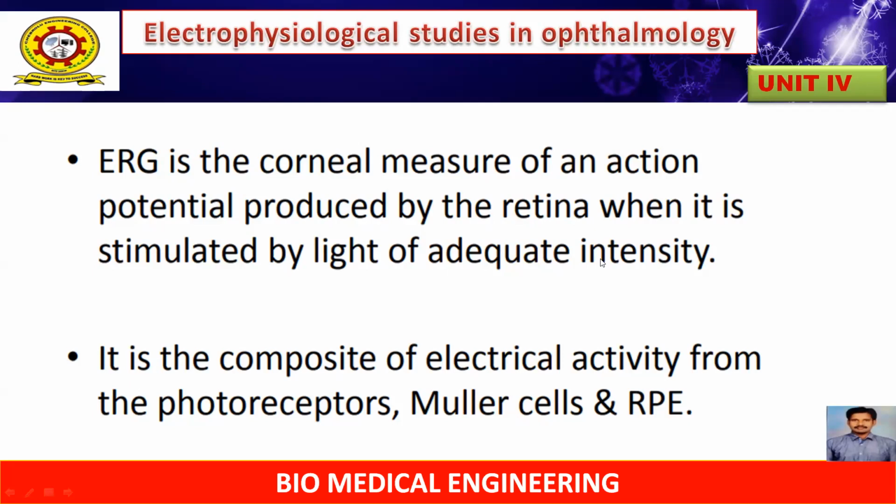Second point, it is the composite of electrical activity from the photoreceptors, muller cells and RPE. Why? Because ERG signals are more complex compared to a nerve axon signal, because it is the sum of many effects taking place within the particular eye.